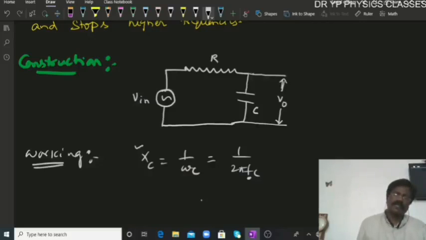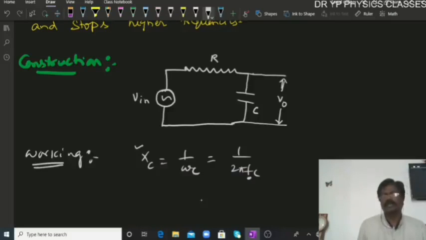So only up to a particular frequency is it allowed. After that particular frequency, the voltage is going to be dropped. That means the capacitor does not allow the higher frequencies to pass through it.